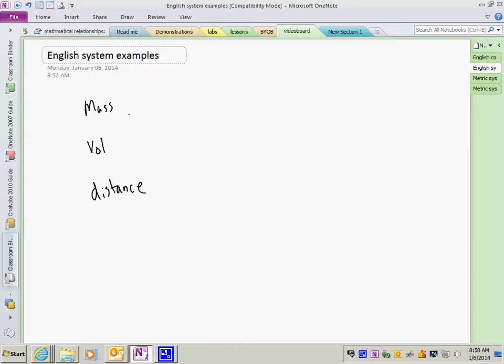But these are common ones that I'm going to expect that you have on your plate when we're doing work in this class. So mass would be, for example, you should know that there's 2,000 pounds equals 1 ton. And there's oodles of these things.